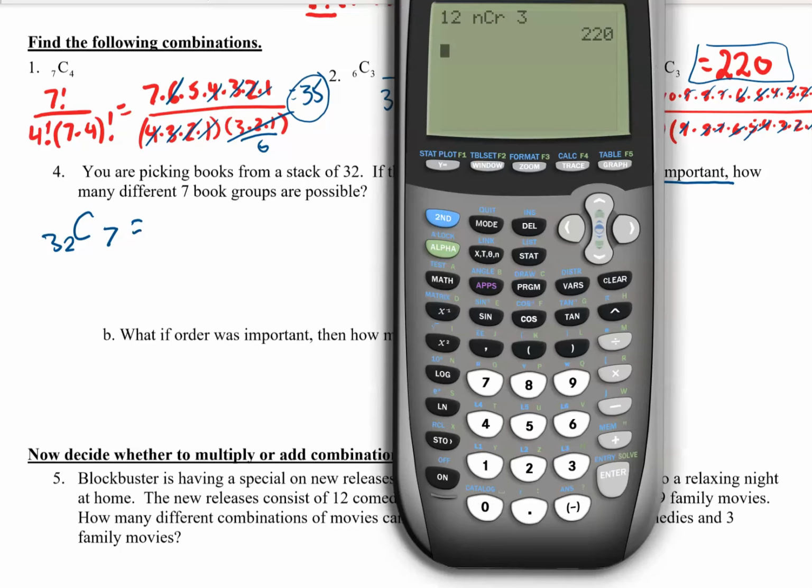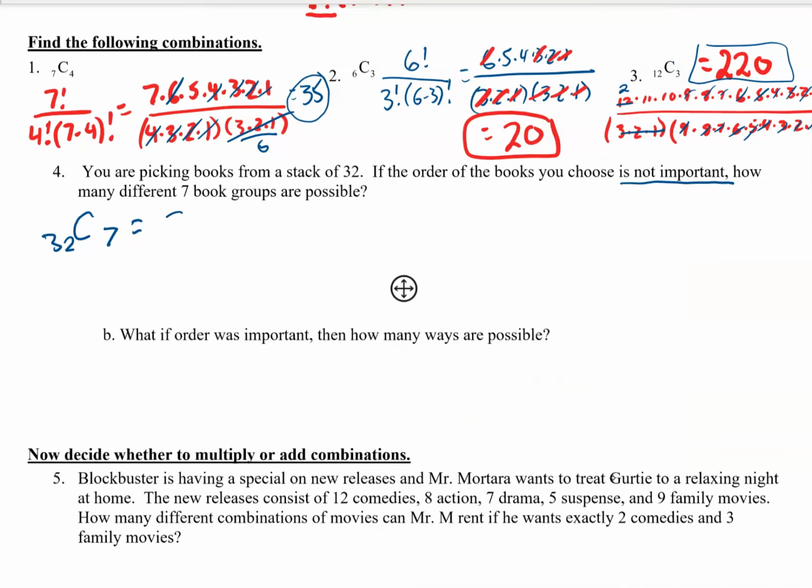We're now going to put this into our calculator. 32 choose 7. That's a lot of options that we have to choose those books. So that's 3,365,856 different ways we can choose 7 books from among 32.